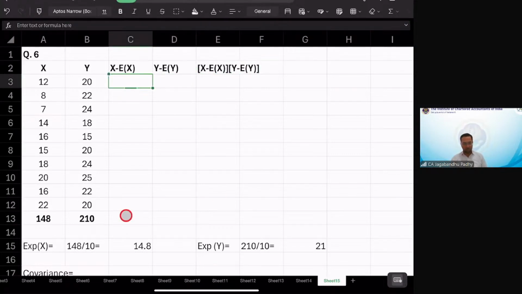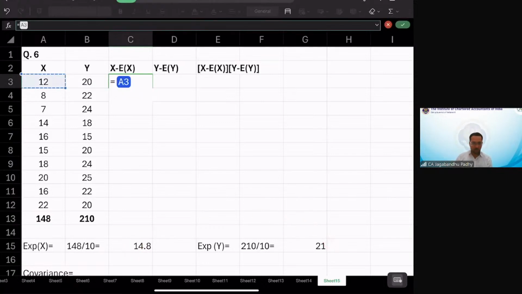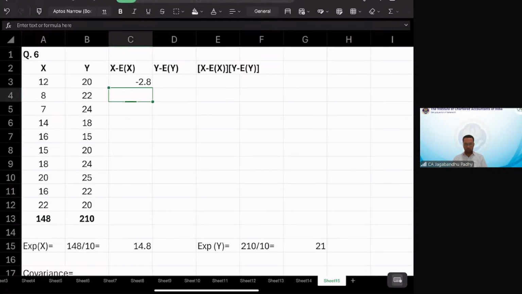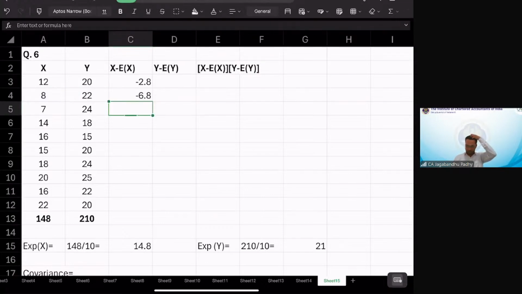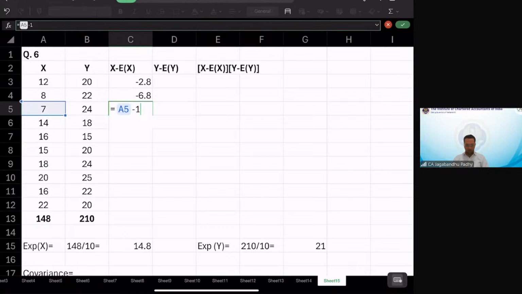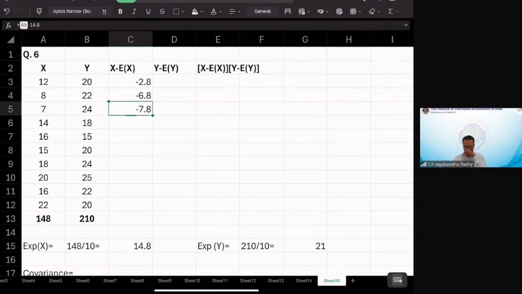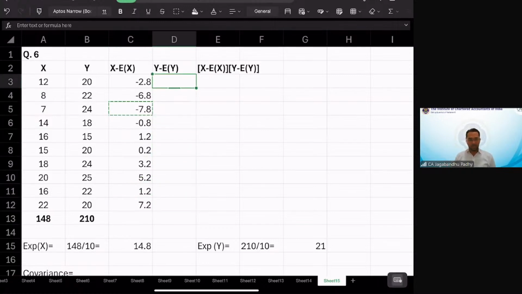So, expected value of x is 14.8 and expected value of y is 21. So, expected value of x will be subtracted from x value. So, this is 12 minus 14.8, then 8 minus 14.8, then 7 minus 14.8. You can just drag it down in a similar way. And then the same way we have to do y minus expected value of y.